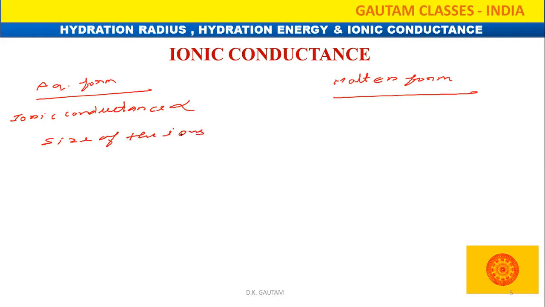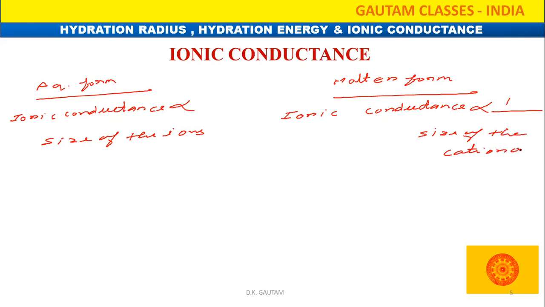Here either cation or anion, anyone will come. What about in molten form? Here ionic conductance is directly proportional to 1 upon the size of the cation or anion.